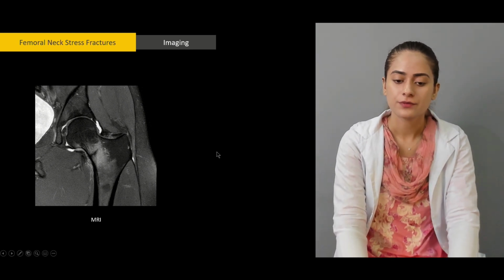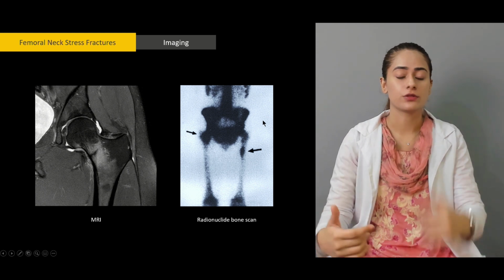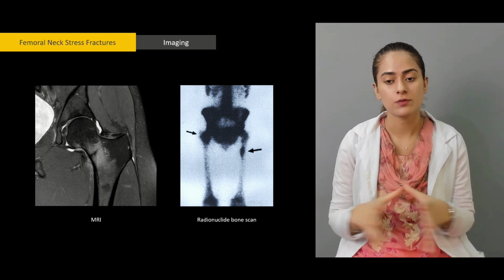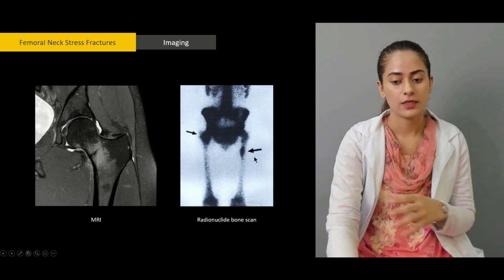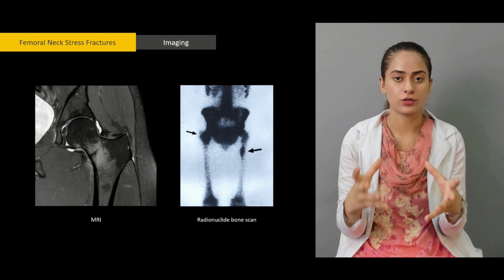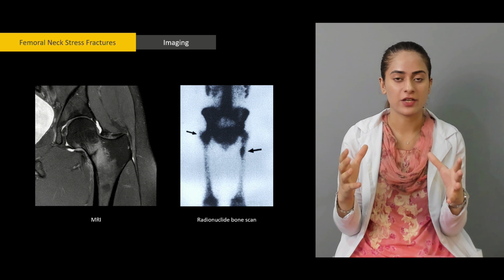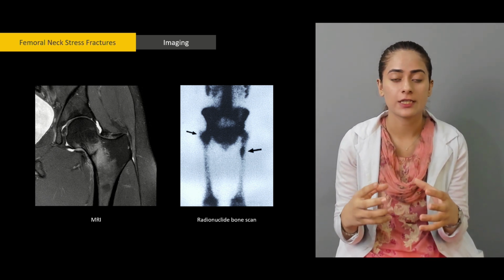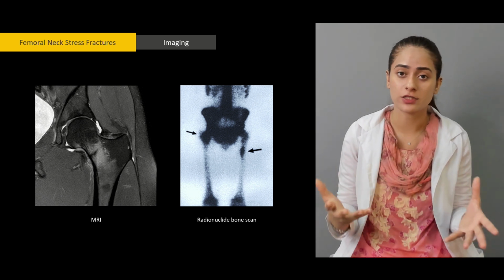So this is an MRI, and this is the bone scan that we talked about in the introduction as well. What happens in a bone scan is that you give a radioactive contrast material to the patient, and then it accumulates in any area where there is any infectious process going on in the body.